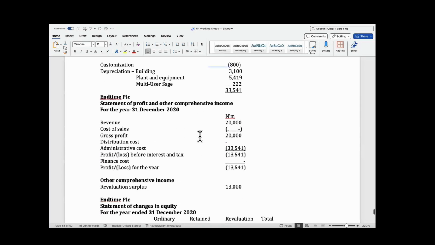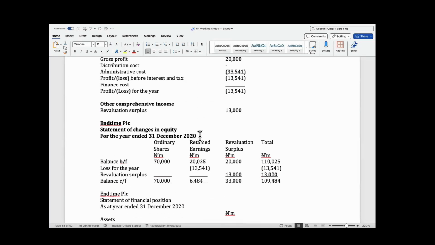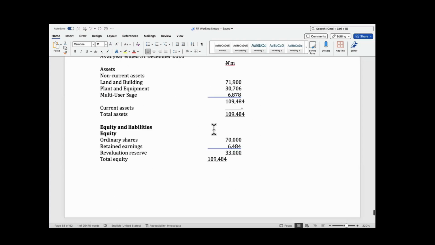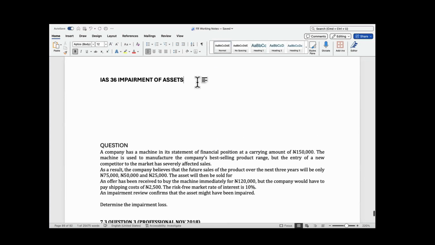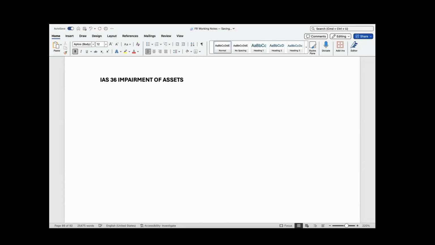Now, that is IAS 38. You see that it is intertwined with IAS 16. They're actually intertwined. And the explanation I've done for you has really helped you to distinguish it from IAS 16 in some areas, like internally generated intangible assets, research and development, indefinite useful life, and the rest. Now, another one that is very related to what we have been doing is IAS 36.